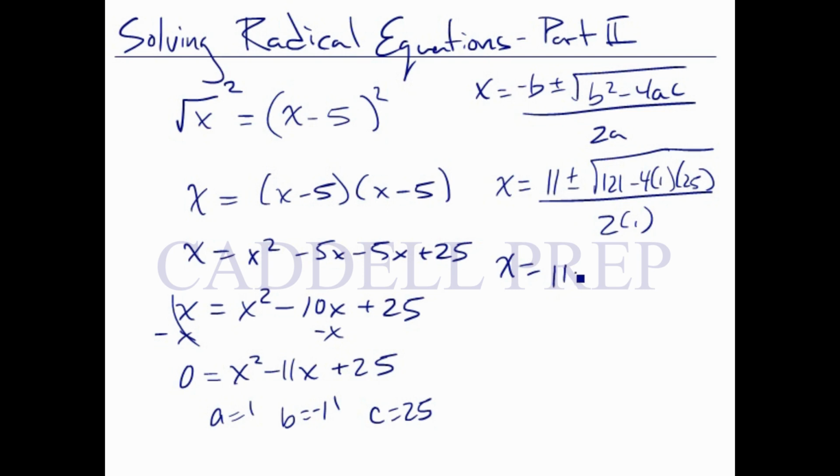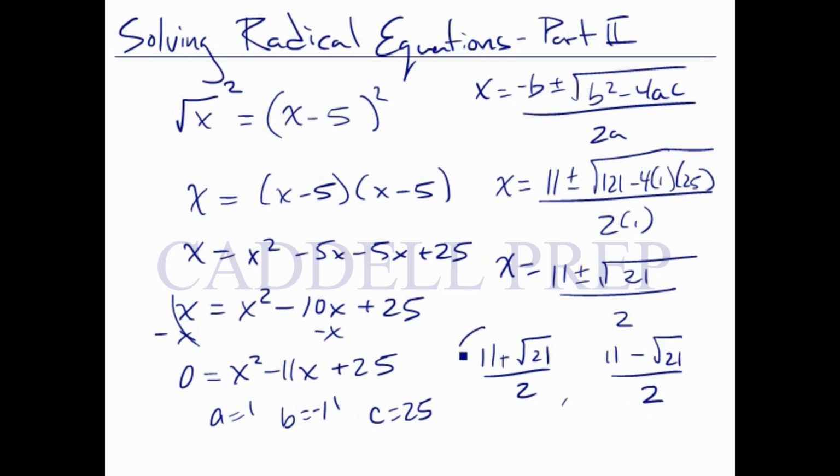So this is going to be 11 plus or minus the square root of 121 minus 100, so 21, over 2. So we have two answers: 11 plus radical 21 over 2 and 11 minus radical 21 over 2.